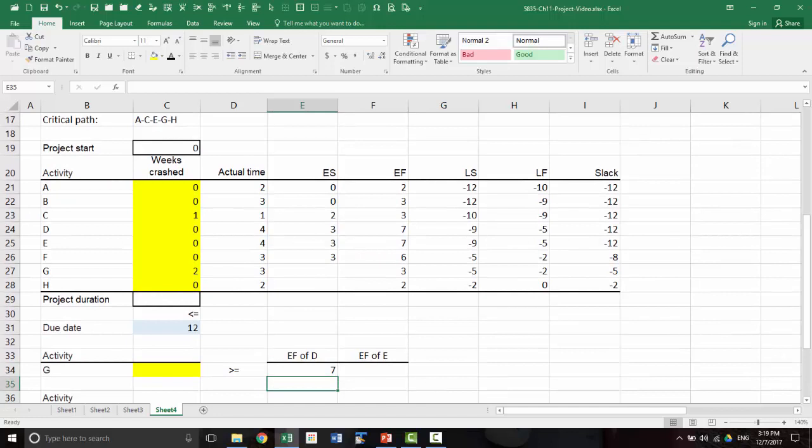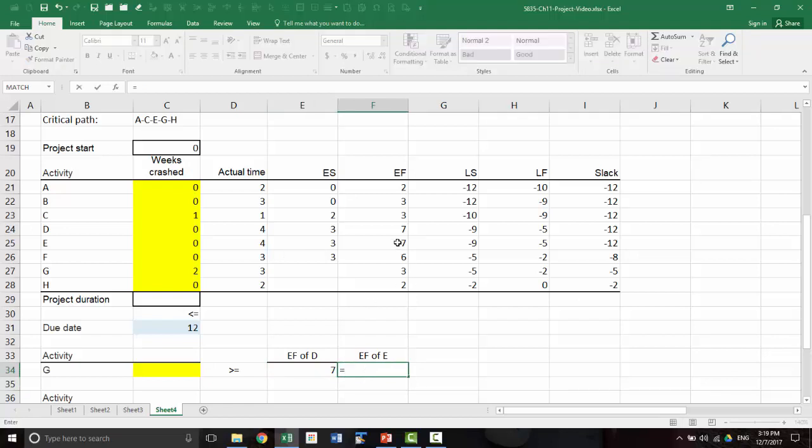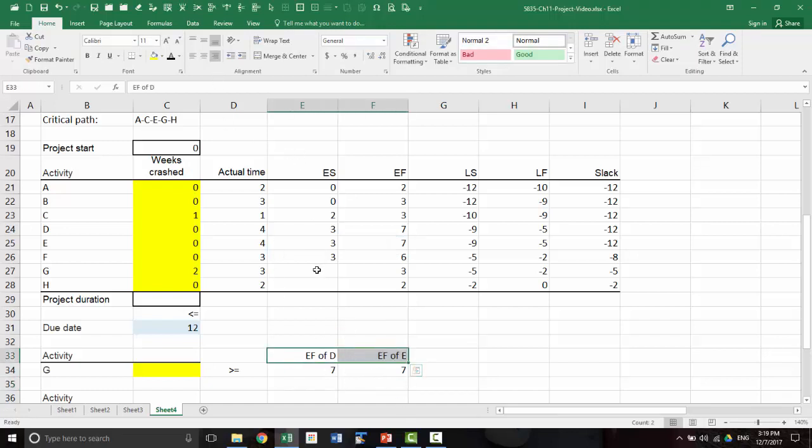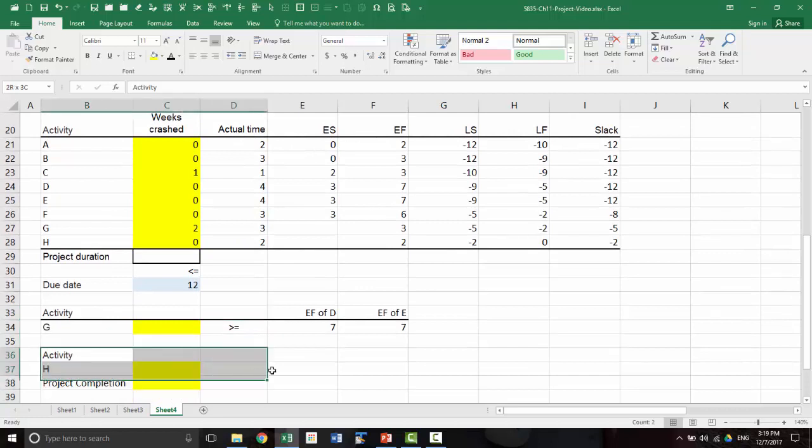And then early finish time of E. So instead of figuring out the maximum of these two directly, and the max introduces nonlinearity, you say, okay, I'm going to let solver figure this out with a constraint that this should be greater than or equal to that, that should be greater than or equal to that.